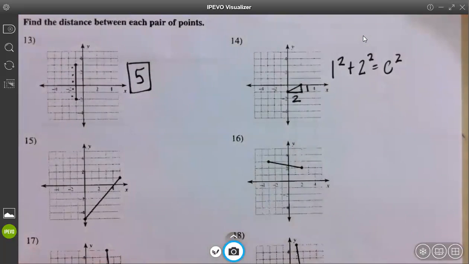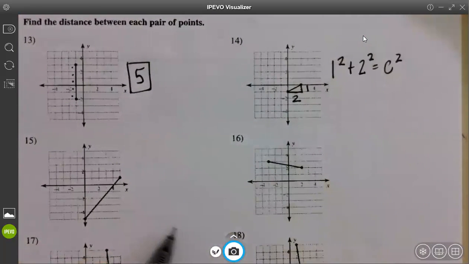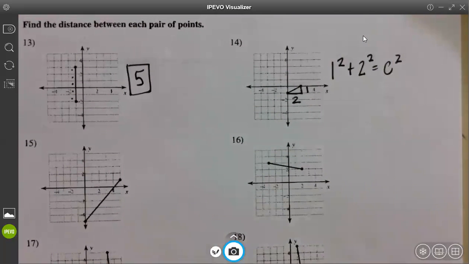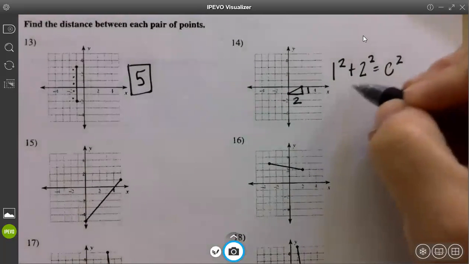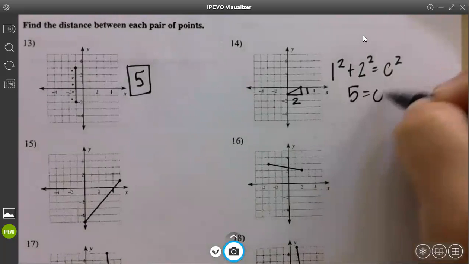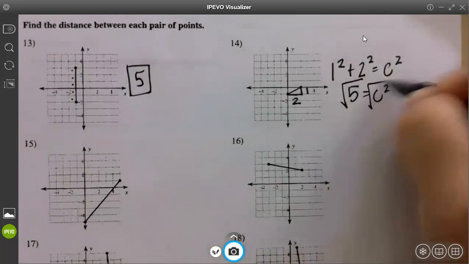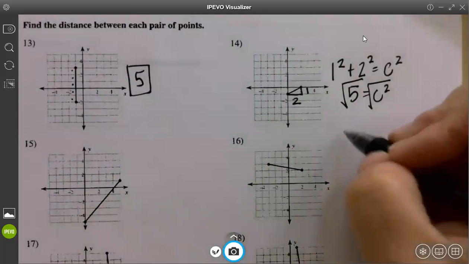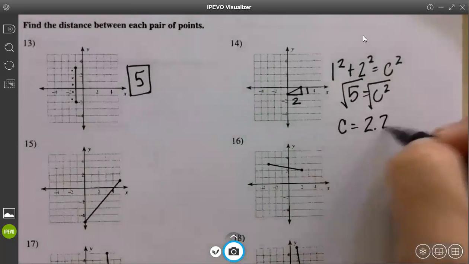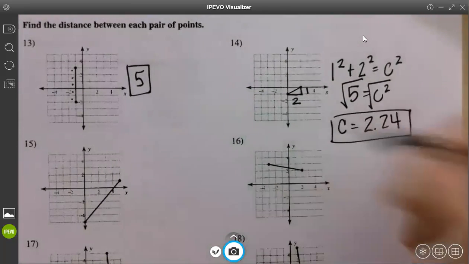So we're going to have 1 squared plus 2 squared equals c squared. What is 1 squared plus 2 squared? 5. Take the square root. What's the square root of 5? We already did this one, or one like it.